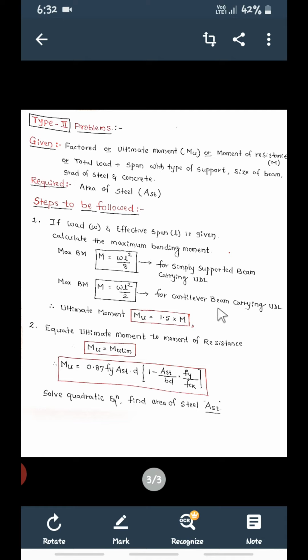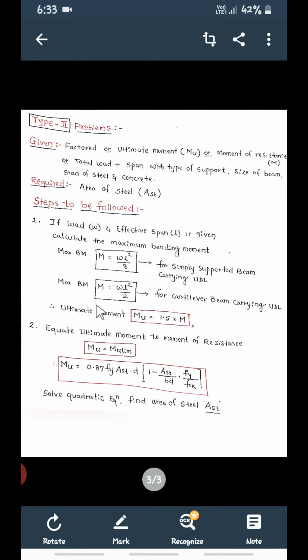The other is a cantilever beam with UDL, where M is equal to WL square by 2. So for simply supported it is divided by 8, and for cantilever it is divided by 2.